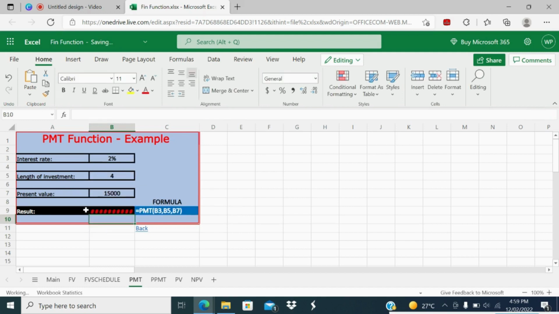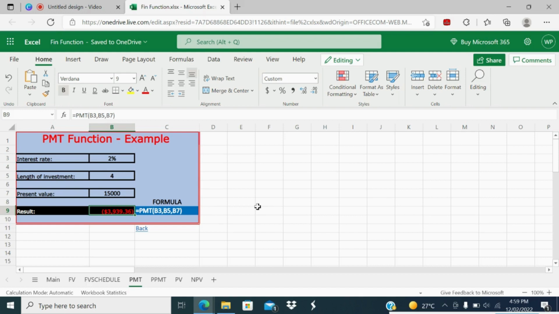So this is what, 3,939 is the Pmt value. Okay, this value you need to pay every year in order to make it 15,000 over a period of 4 years. Okay, so you can learn more about this function on any platform. So that is how you can use this function.